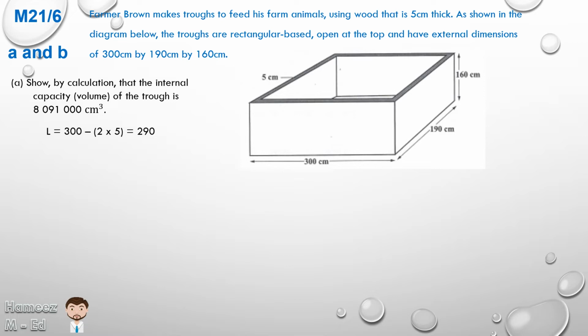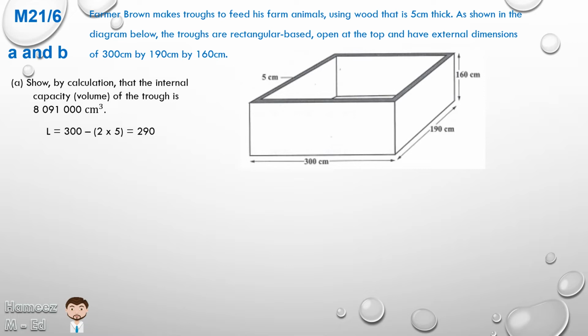If the external is 300 centimeters and we remove 5 centimeters on the left hand side and 5 centimeters on the right hand side, then the length on the inside would be 300 minus 5 minus 5. So we can say 300 minus 2 5s. 2 5s are 10, so 300 minus 10 is equal to 290 centimeters.